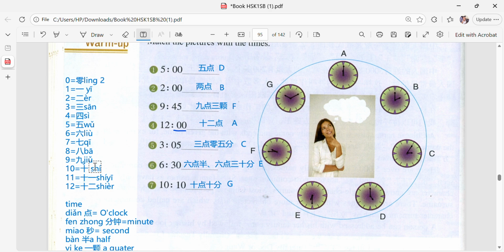Now reverse from 10 down to 0. 10, 9, 8, 7, 6, 5, 4, 3, 2, 1, 0. Again. Again, faster.